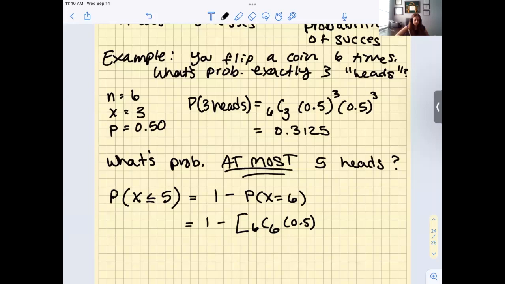Yes, the same amount of flips. We want 6 successes, and therefore, how many failures would there be? 0 failures. Okay. Success, success, failure, failure.